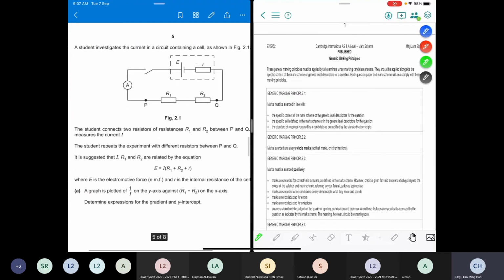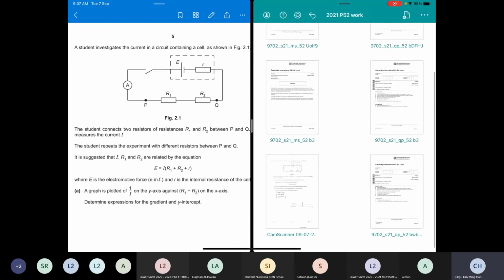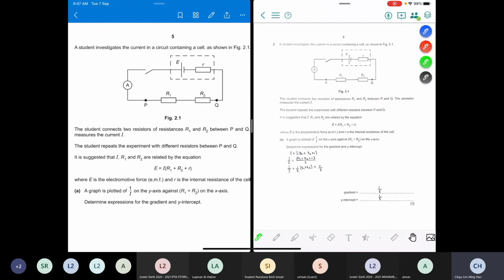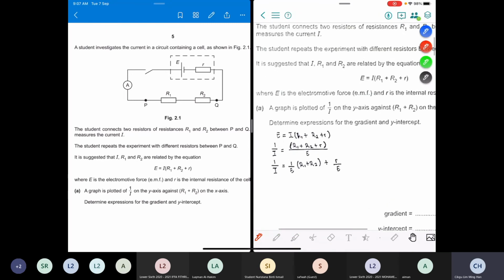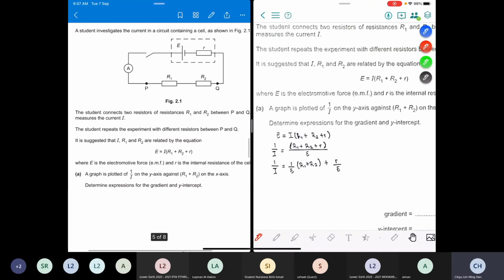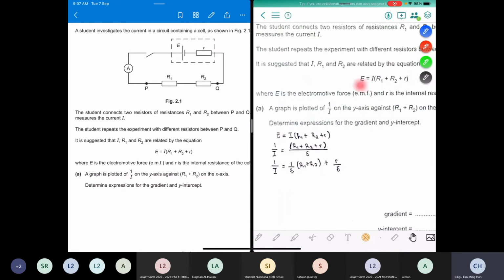Let's see Fatin's answer. Fatin, this one. Alright, so we have a look at these answers. In the question, as you can see here, you want to find out the ratio, or there is a relationship between the EMF and the current.